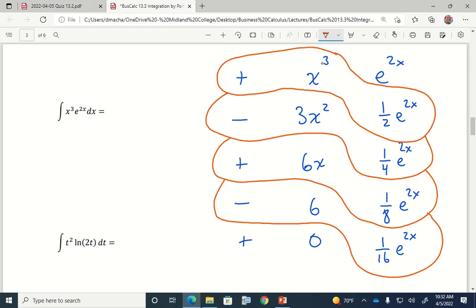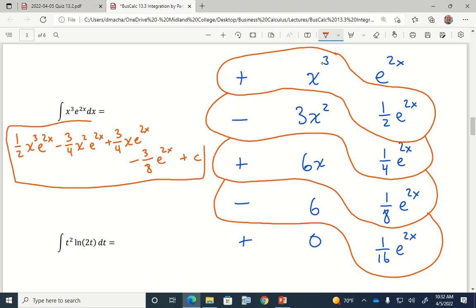So to write out my answer, I'm going to have plus half times x cubed times e to the 2x, minus 3/4 x squared e to the 2x, plus 6/8, and 6/8 is just 3/4, x e to the 2x, and then also minus 6/16, which is 3/8, e to the 2x, and then plus c.